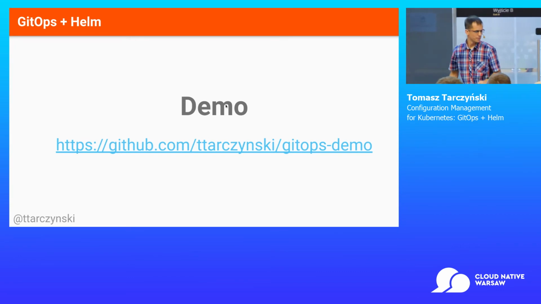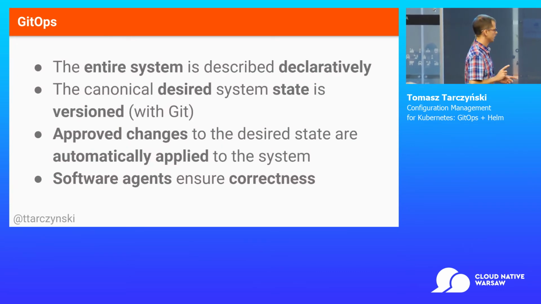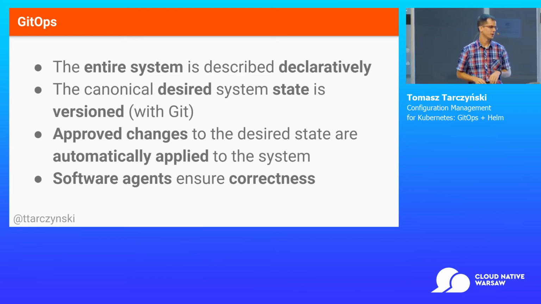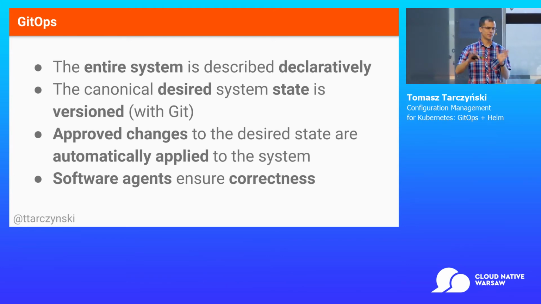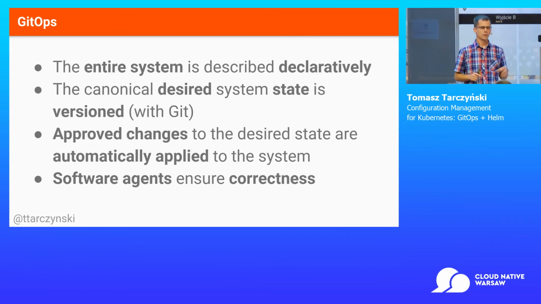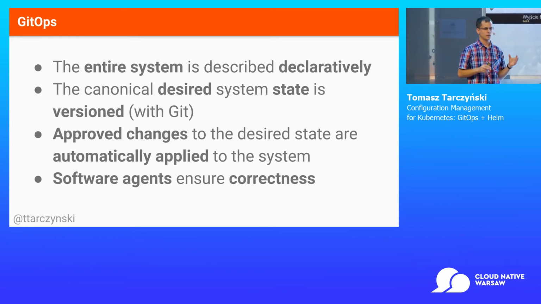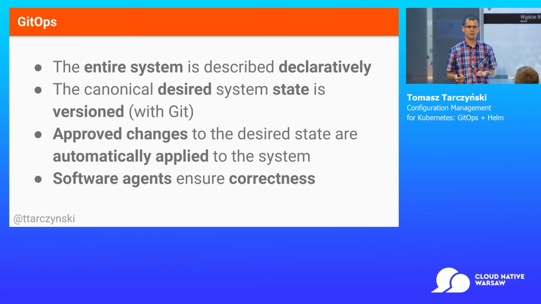Okay, so back to the presentation. I think, yeah, I would now wrap it all up together. So there are the three tools that I've shown you, and there is the GitOps idea, the concept itself.